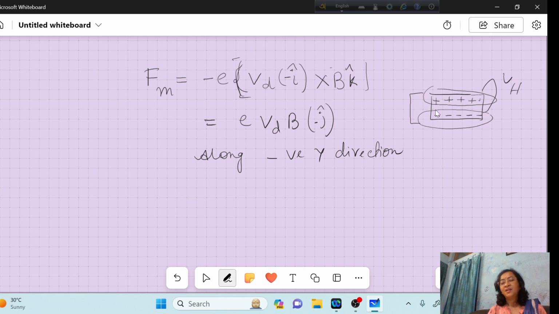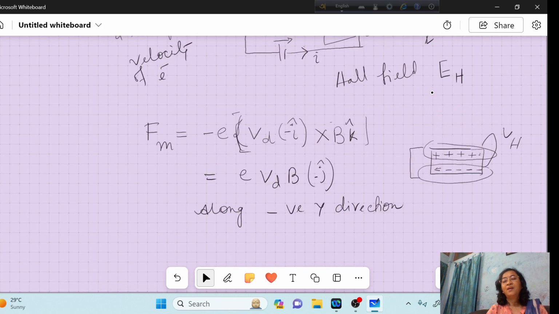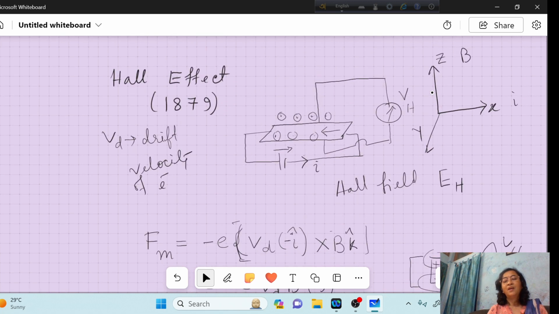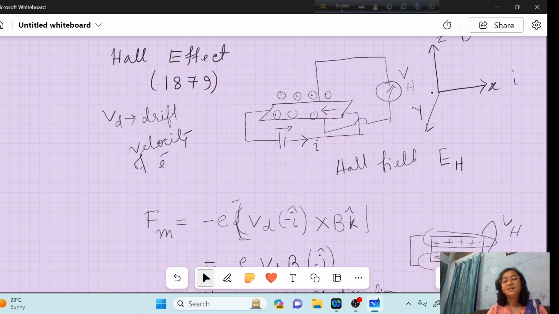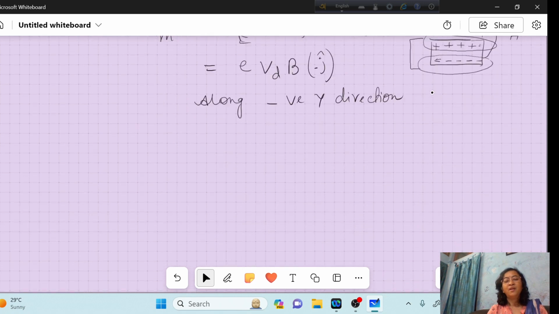This downward deflection of electrons can be determined without using this mathematics, by using Fleming's left hand rule, which you may remember.